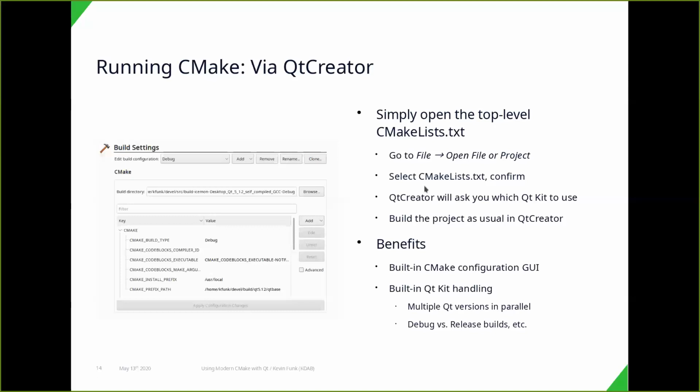That means you can ask Qt Creator to build the project, you can ask it to run individual targets, and you can also ask it to switch between different build types like release with debug info, debug, or release builds. And the nice thing about Qt Creator is that it has all the kit handling built in.